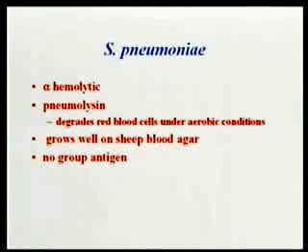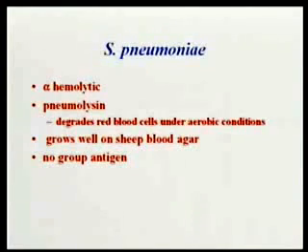So we can confuse the Streptococcus if we just did a gram stain. It helps knowing that it's alpha hemolytic. In this instance, the pneumolysin degrades red blood cells under aerobic conditions, as opposed to the hemolysins I mentioned earlier that are involved in hemolysis.